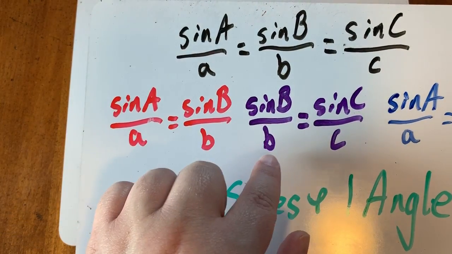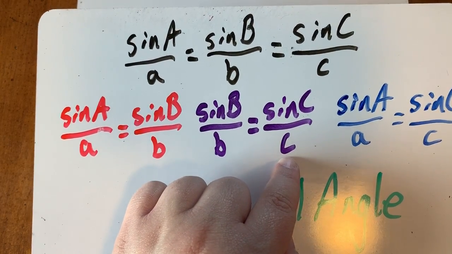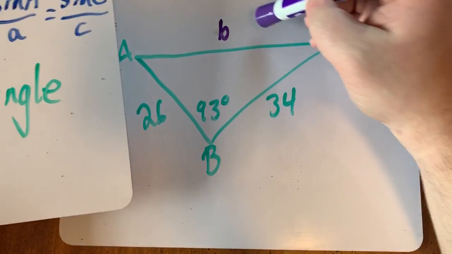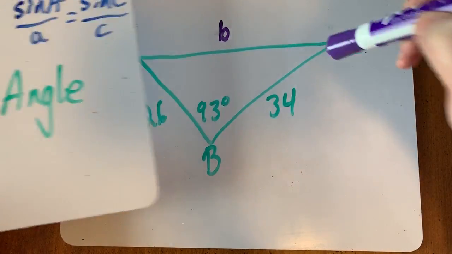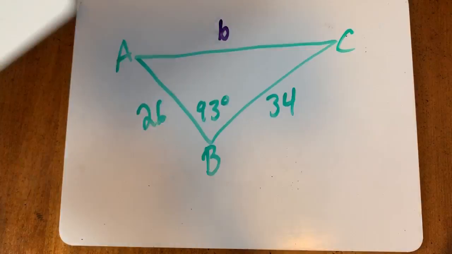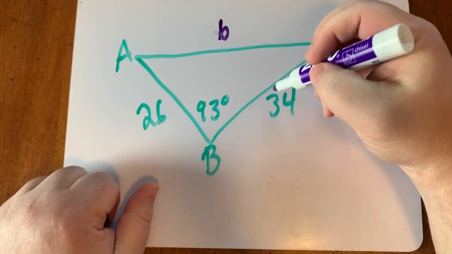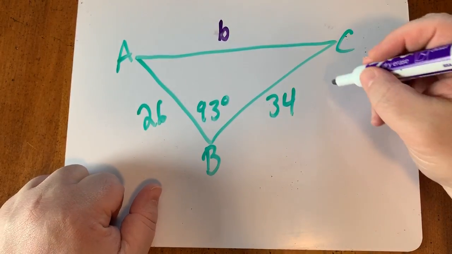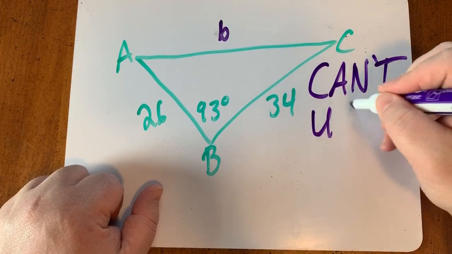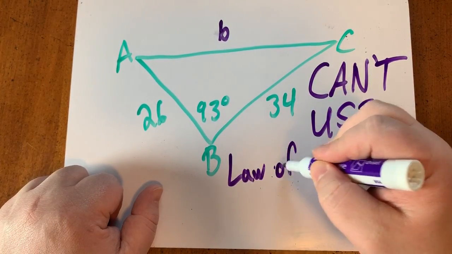On this one, we have angle B and side B. We have side C, but we don't have angle C. So we would be missing side B and angle C, so there's two things we don't know. So in a case like this, if you have two sides and the included angle, you can't use law of sines.